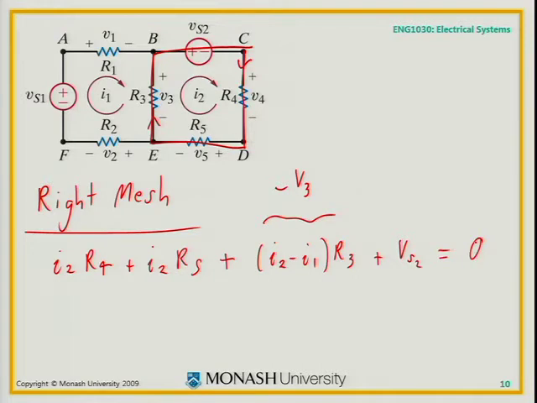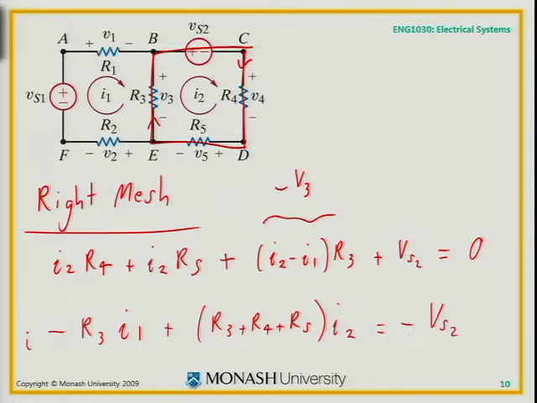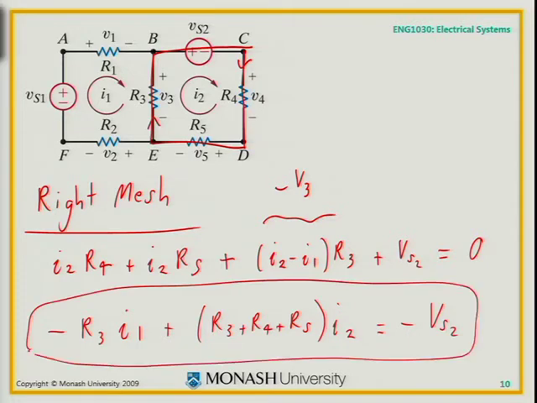If I simplify it, or rather rearrange, that is minus R3 I1 plus R3 plus R4 plus R5 times I2 equals minus VS2. And there is the second equation. Two equations, two unknowns. We can solve for I1 and I2 and then work out any other voltage or current in the circuit.